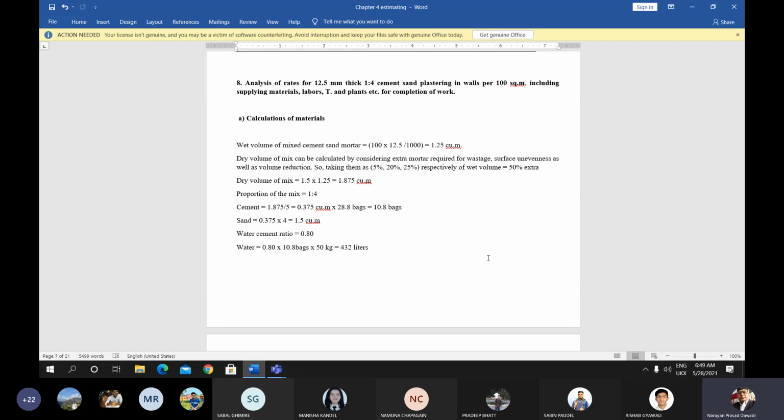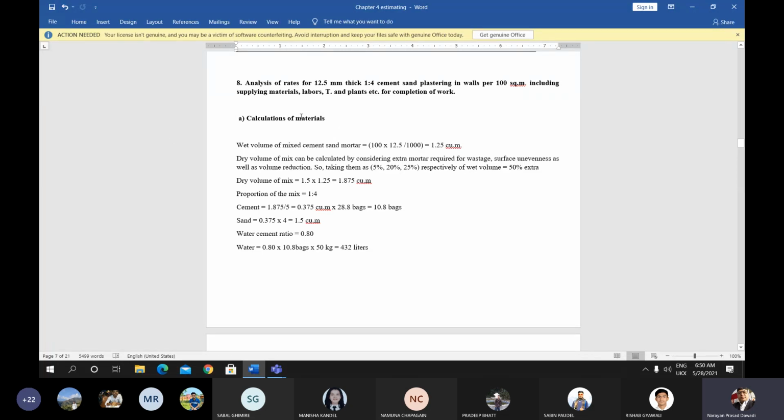If the thickness is 20 mm or more, then the analysis of rate will be different. For the ceiling work, the rate is different. For the wall work, the rate is different. For the 20 mm thick plaster, the rate is different. That's why the plastering work can be done under 3 headings.